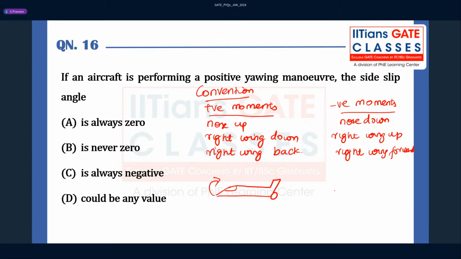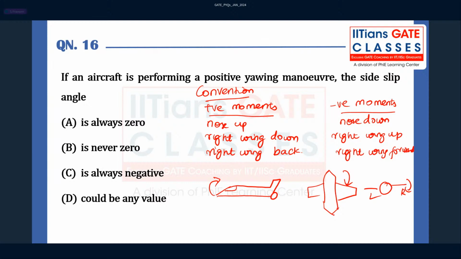So this is basically nose up. Right wing down is, if I take an aircraft like this, right wing back is this moment, and right wing down, let this be the left and the right wing, is the positive moment, and the others are true for the other conventions.